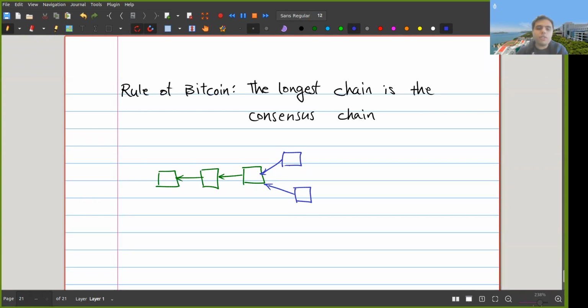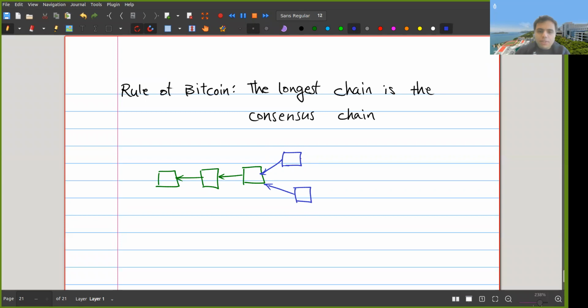Okay. So what you would do is that you would temporarily say, okay, right now I have two different valid blockchains. I have this one, which goes up here. And I also have this one. So as a node, I would temporarily accept both of these as valid. But then later on, as miners continue working, miners are also seeing both of these valid chains, and each miner can choose which valid chain they want to work on.